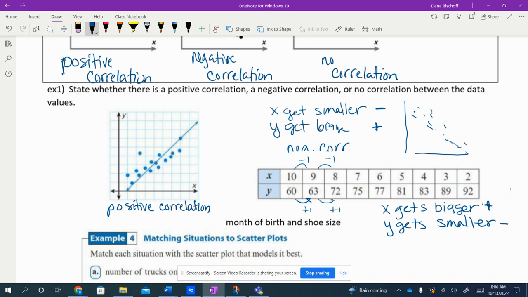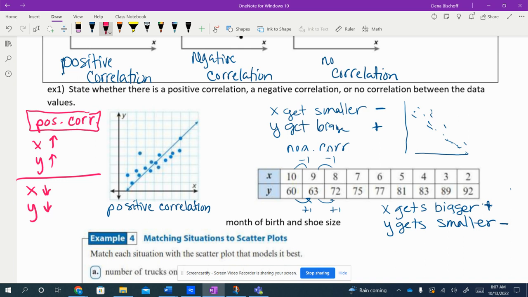So let's talk about when you have positive correlation. You have positive correlation when as x increases, y increases. Right? Or as x decreases, y decreases. Why is the second one true? That just doesn't even make any sense.